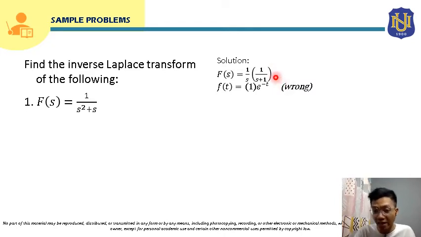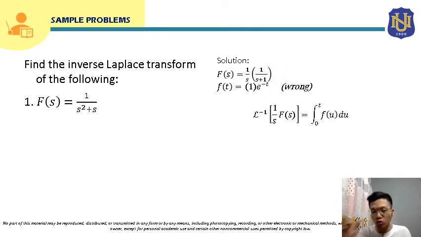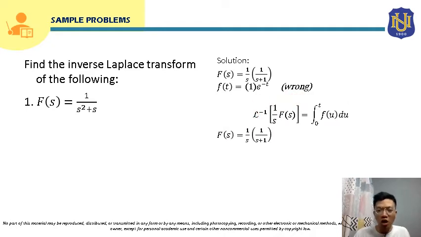We cannot do that. Instead, we are going to use the inverse Laplace transform of an integral. Since we already factored out 1 over s from the original given F of s, it will be rewritten this way.